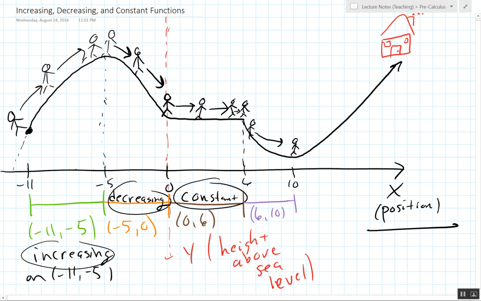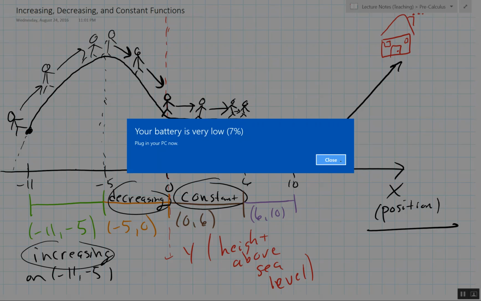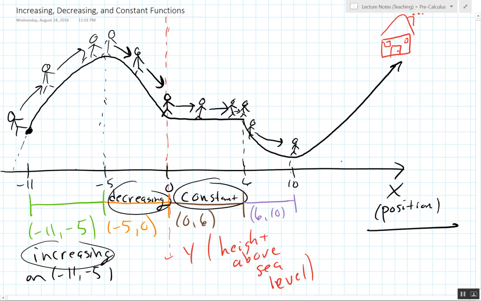So now he is at the valley at x equals 10, and so notice that his height is decreasing on these x values.